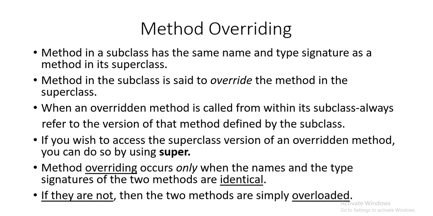Next, coming to the third point, when an overridden method is called from within a subclass, it always refers to the version of that method defined by the subclass. Suppose we have a class called A, and within that class we declared a method called show.